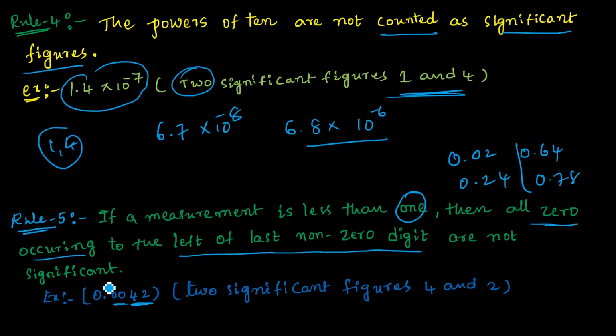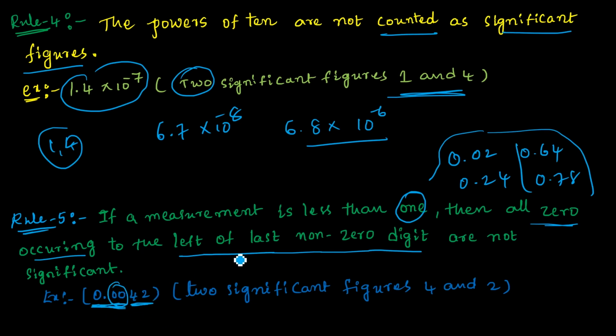Here you need to understand: whatever the value of a particular measurement, if it is less than 1, then considering from the left side, the zeros before the non-zero digits are not significant, so these two are not significant.